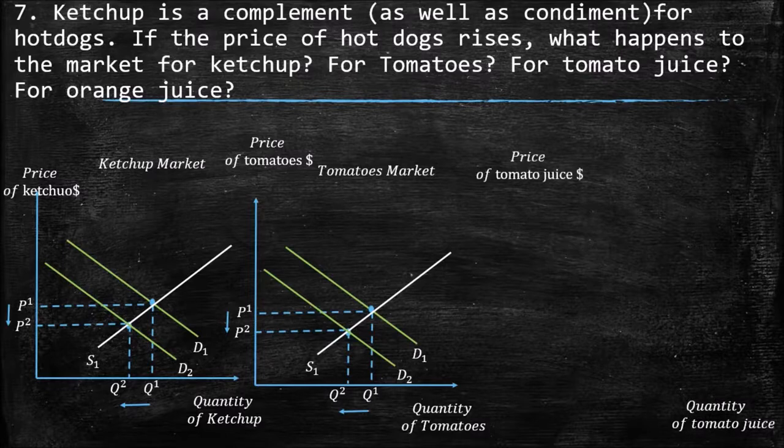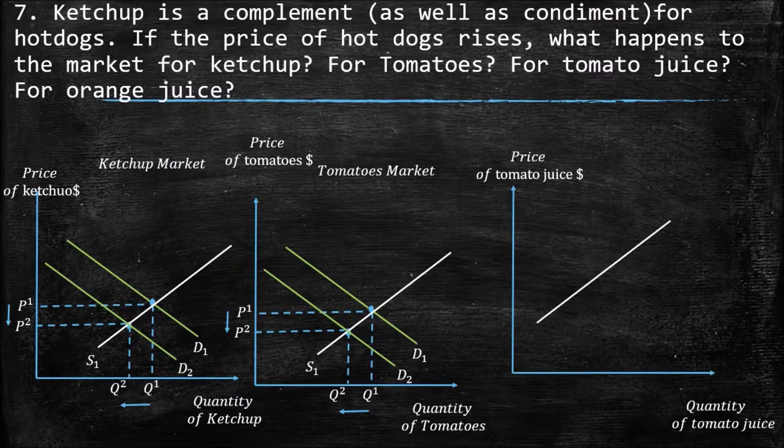The other market is the tomato juice. So now the price in the tomato market is lower, and the tomato juice needs tomatoes as input, and the price decreases, so it means that the input cost decreases for this one.